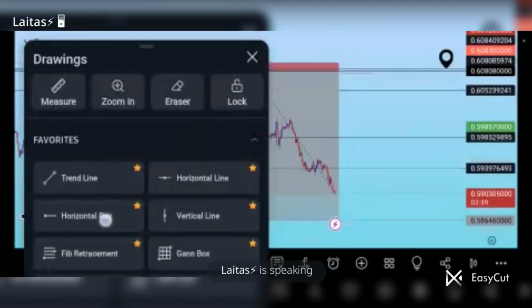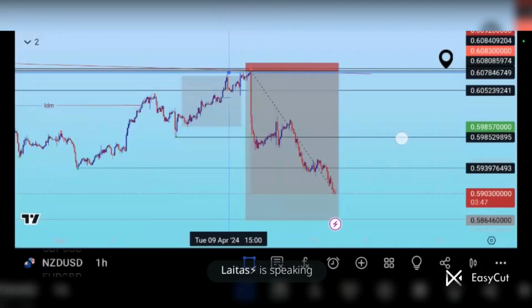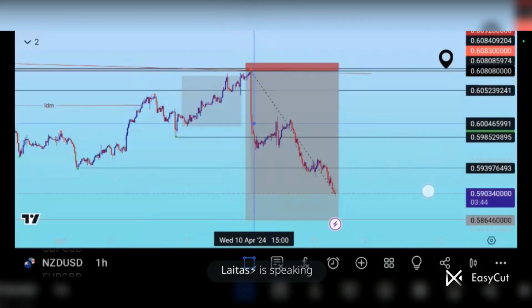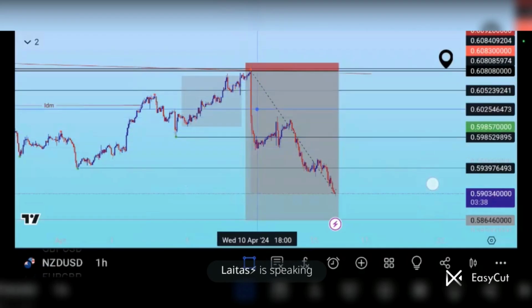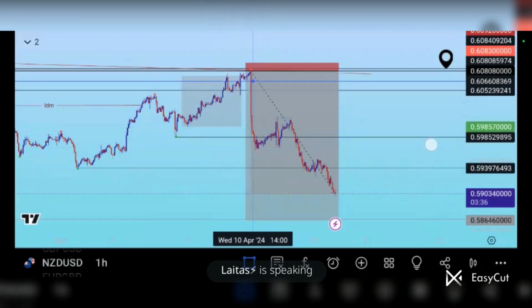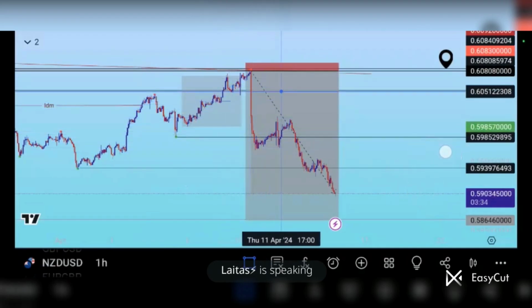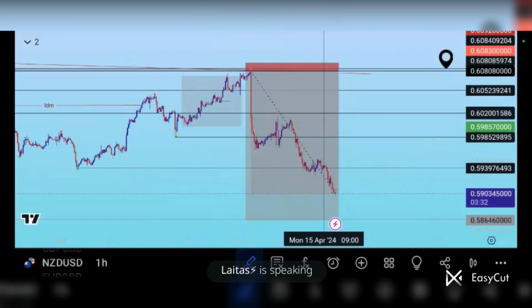After price has mitigated the higher time frame POI and started coming down, you won't see them in the market. They won't even try to open charts, because they know that this is not their time. But what happened here too?